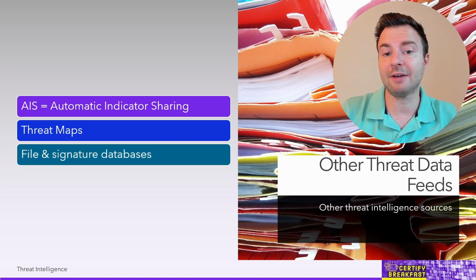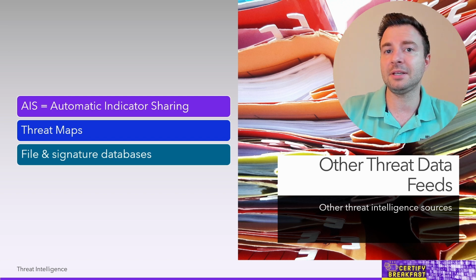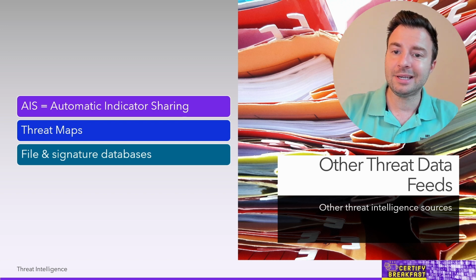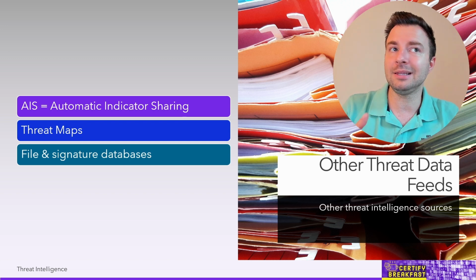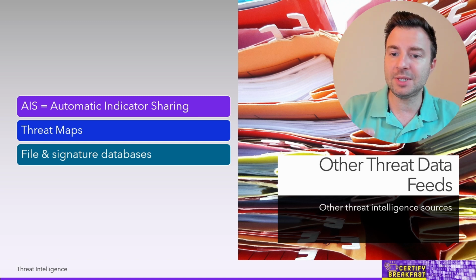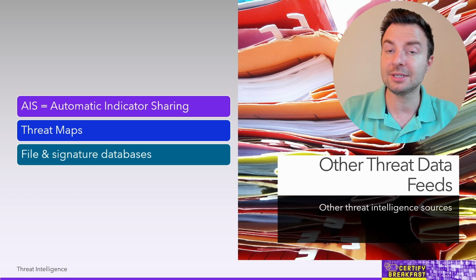attacks. And finally, we have file and signature databases. File databases are basically referring to malicious file databases, or as you can see in the latest developments, especially from companies such as Cisco, we do see the emergence of solutions that actually store hash values of all the files being detected in networks all over the world.